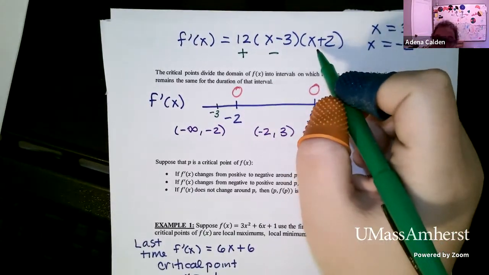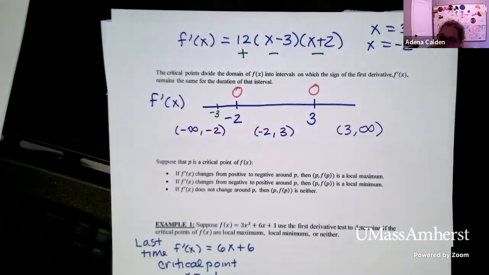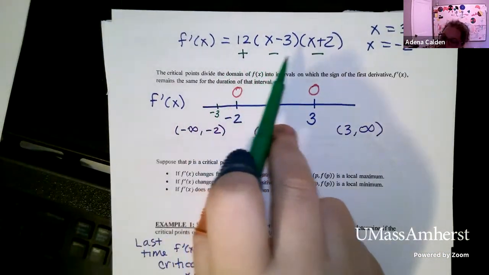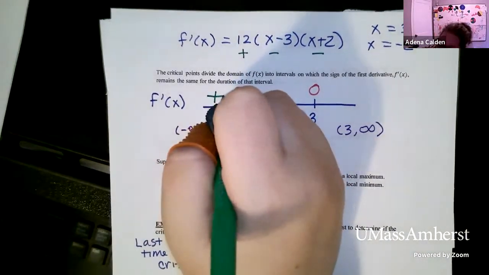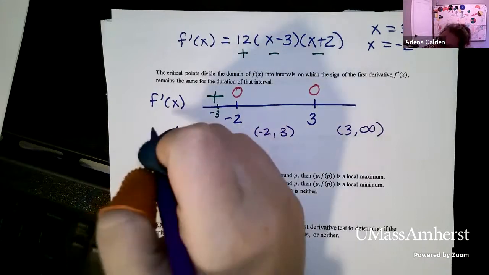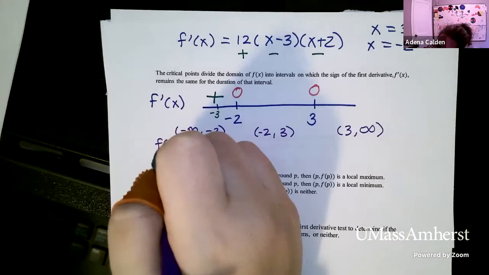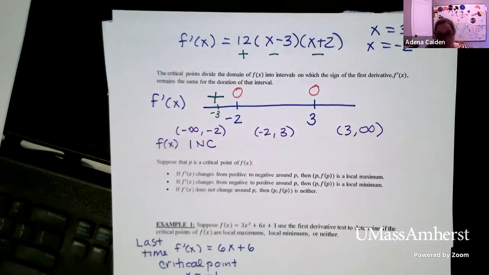And then if I plug in -3 plus 2, I get -1. That's negative. So if I do positive times negative times negative, the negatives cancel. And I know that this interval is positive on the first derivative. So what does that tell me? If the first derivative is positive, then the original function is going to be increasing on that interval.